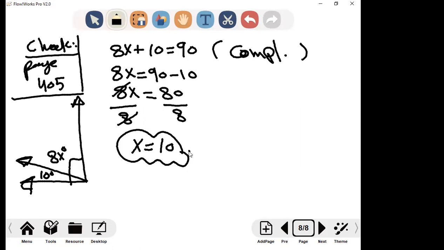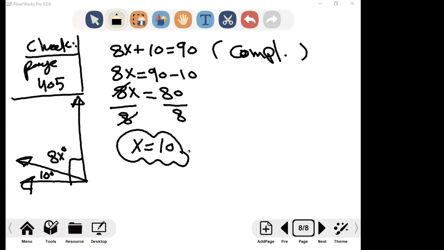I will give you the other angle. I cannot ask you about an angle without giving you the other angle. Got it? I need to give you information so you can use it. For example, if I tell you angle A is 40, find angle B that makes it complementary.